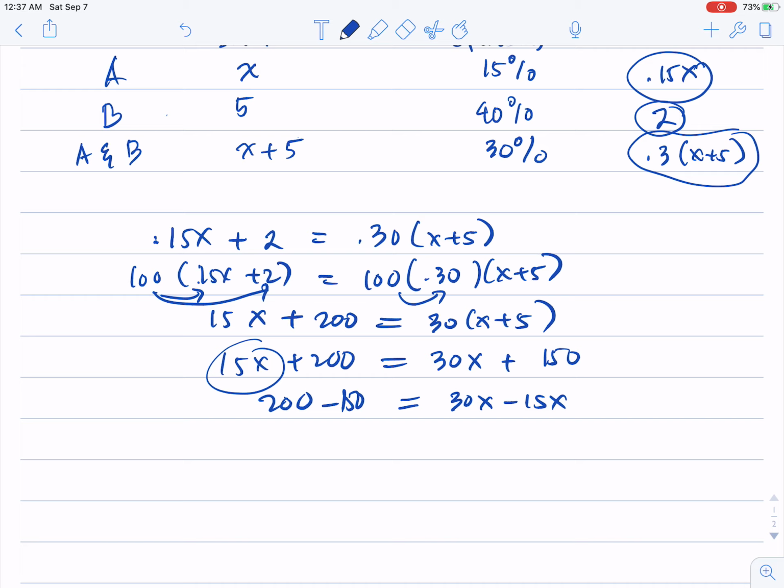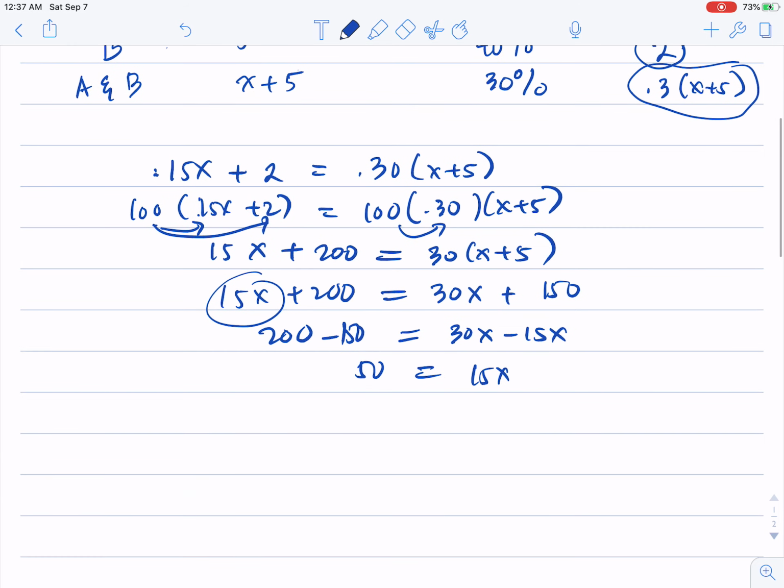So this is 50 equals 15x, which means that x is, divide both sides by 15.